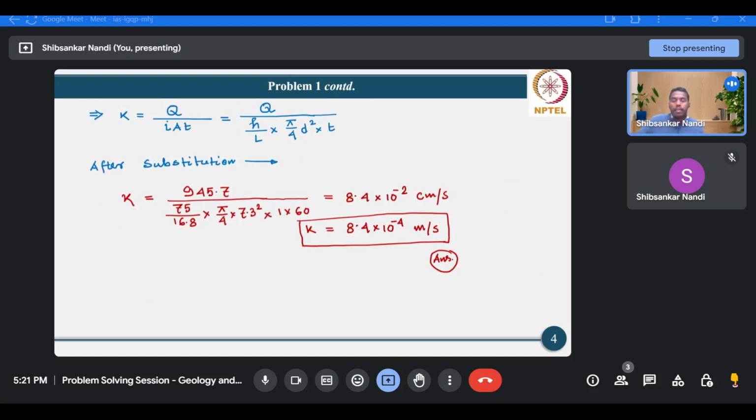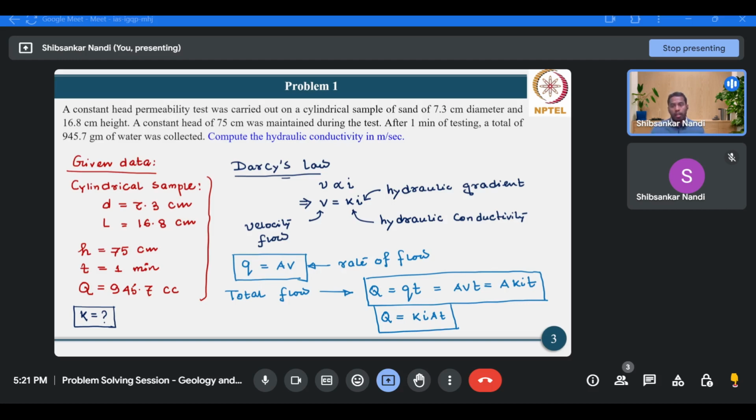So this is an example through which we have seen how to utilize the data of a constant head permeability test to determine the hydraulic conductivity of a given soil sample. For that, what are the required data? The sample dimension you should know, the constant head you should know, and the total amount of water collected and the time of testing.